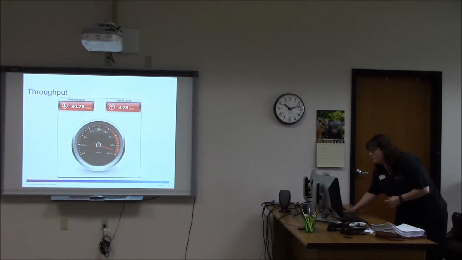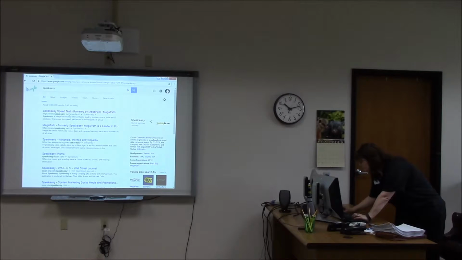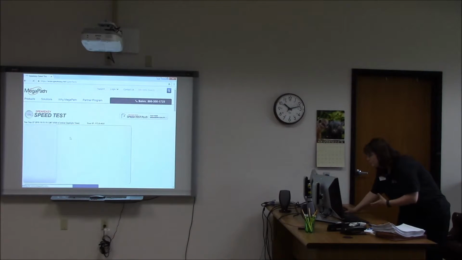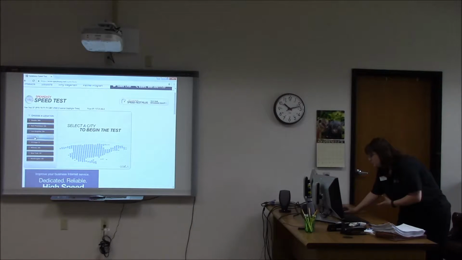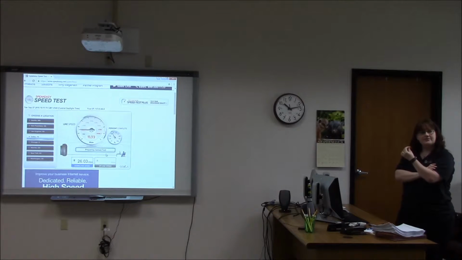But one of the things that's interesting about it is it doesn't just do one speed test, it does multiple speed tests. So I'm going to do a test like I'm connecting to a Dallas location. So obviously since we're at the school and they have pretty good bandwidth, we're going to see higher numbers than we would see at home. But it's going to do multiple tests and take an average between them.